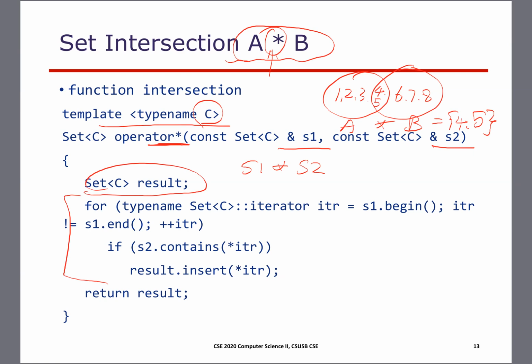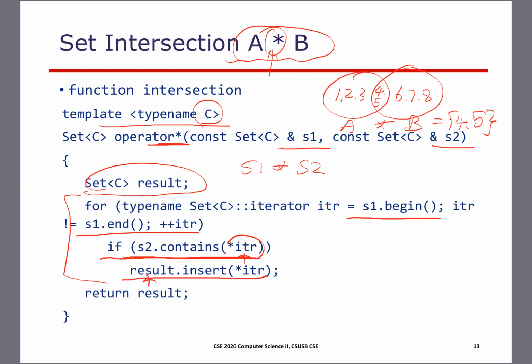For every element in S1, we check if this element is in S2. If S2 also contains this element, we insert this element in result.